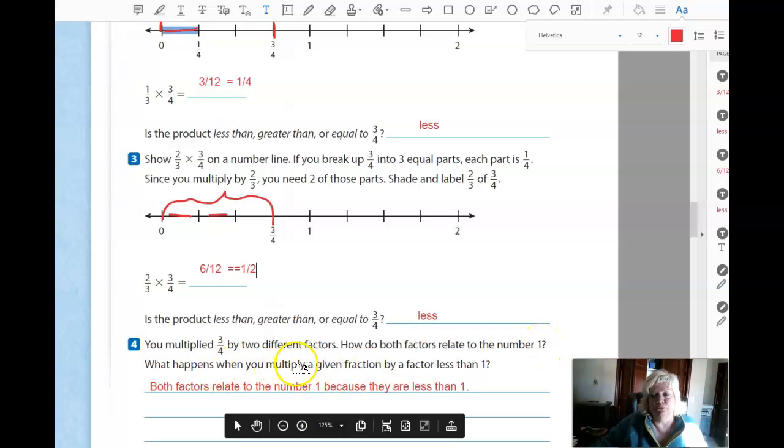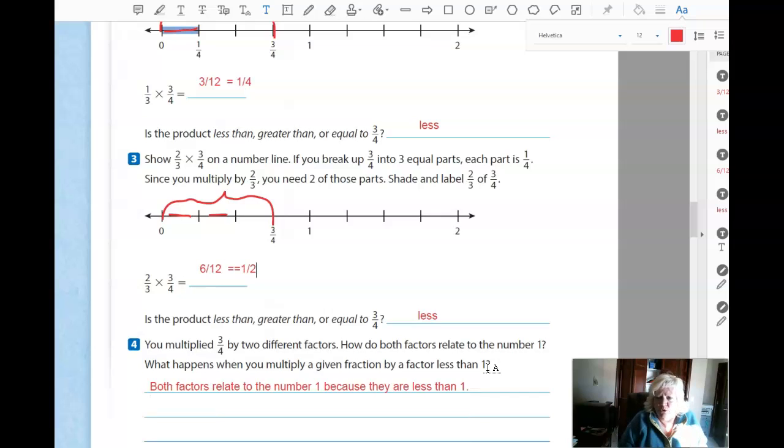What happens when you multiply a given fraction by a fraction less than 1? I'm going to turn that sentence around.